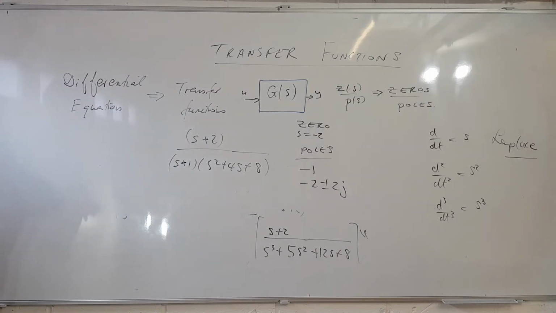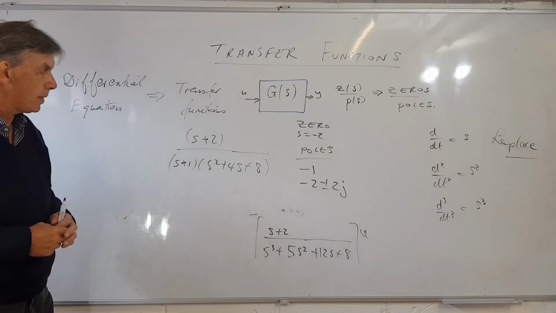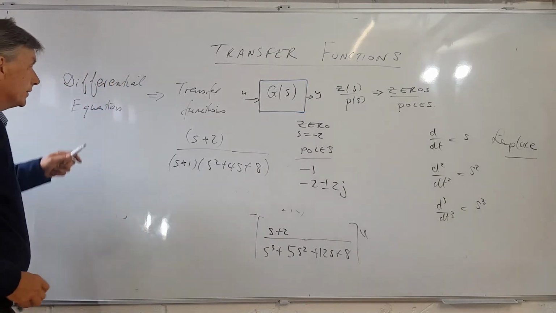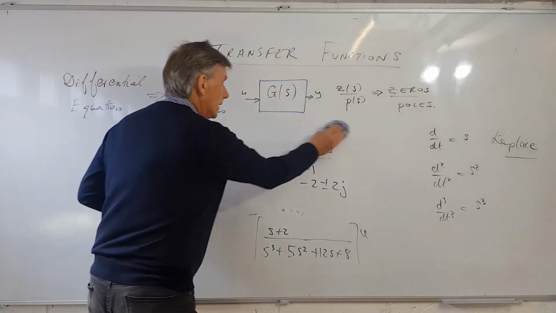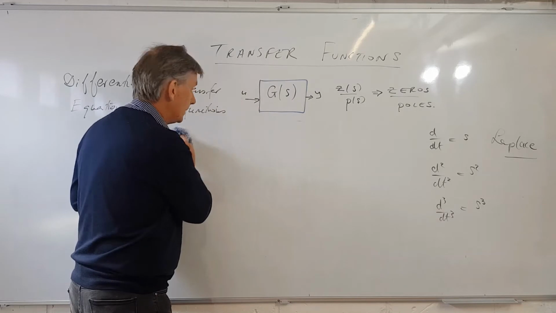So there's some examples now of going from differential equations to transfer functions. So you can have a little go now at going from differential equations to transfer functions. See if you can do these. Quick little test for you.